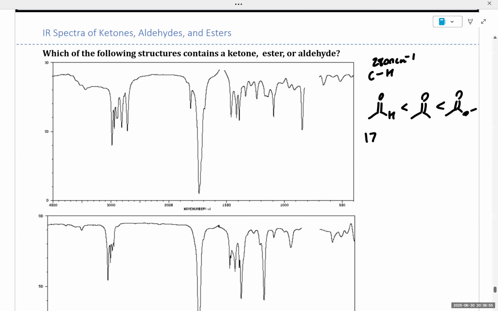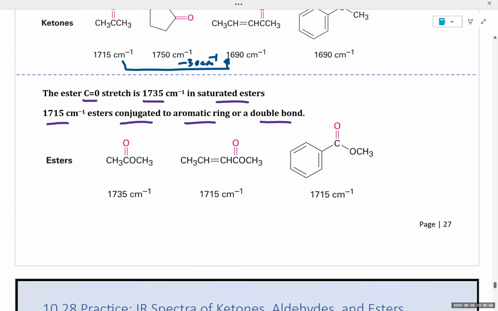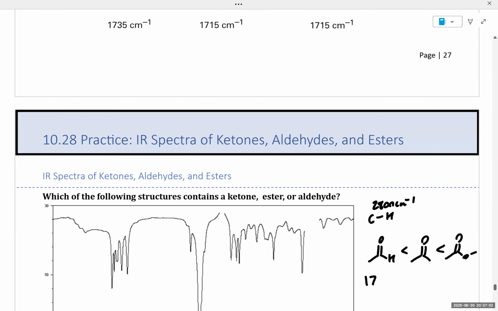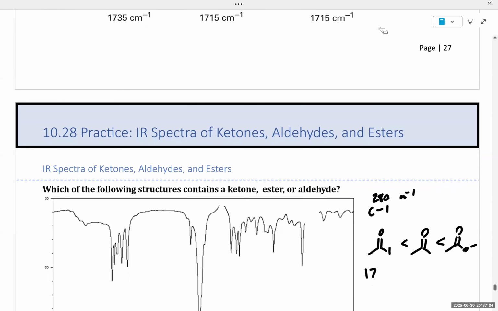Before you work on this problem, let me just list them out just for your reference. Sorry, it should be ketones, then aldehydes. Ketones around 1715, aldehydes are 1730, and esters are 1735, with aldehydes having the CH stretch at 2800.